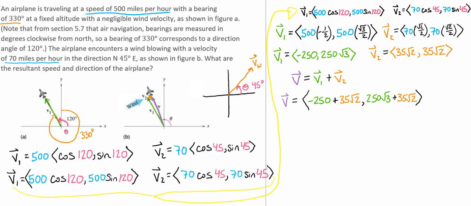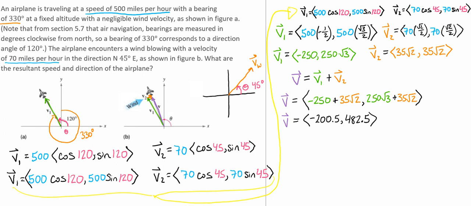This is our answer in exact form. We can't simplify it any further because we cannot combine a radical 3 and a radical 2 through addition. But if we plug these into the calculator, we get approximately negative 200.5 and 482.5.